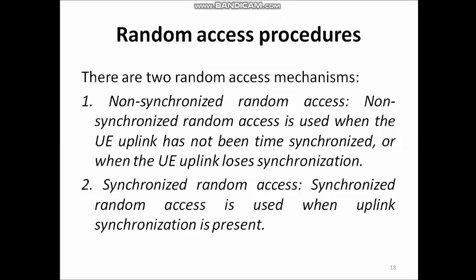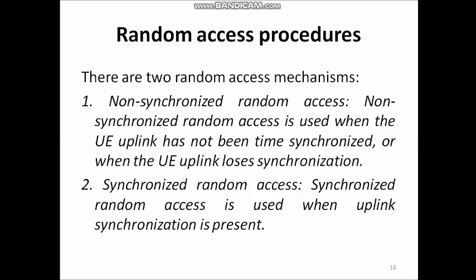Non-synchronized random access is used when the user equipment uplink has not been time synchronized, or when the user equipment uplink loses synchronization. So, this is used to achieve synchronization of the uplink, and then to inform the E node B that the user equipment has data for transmission, or to transmit a small amount of control information and data packets.